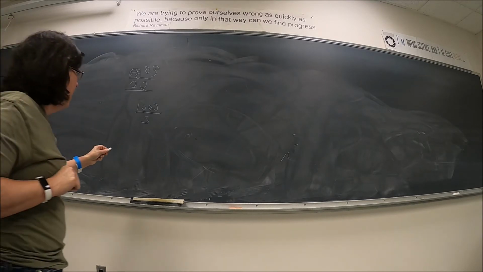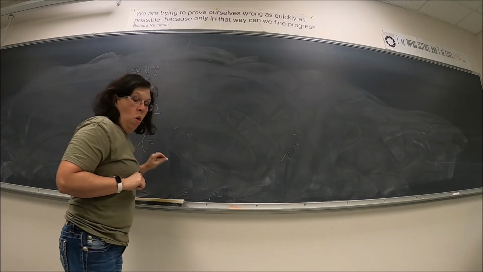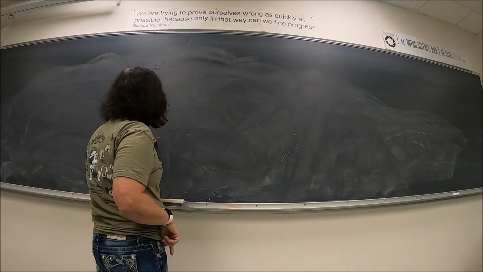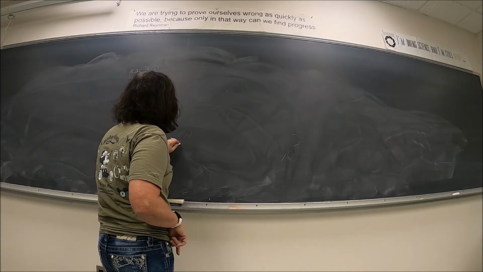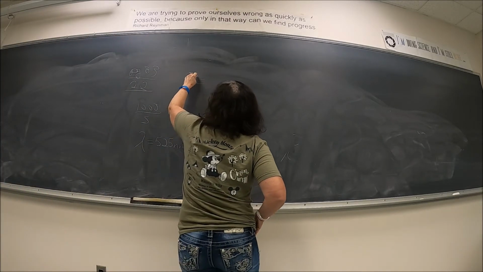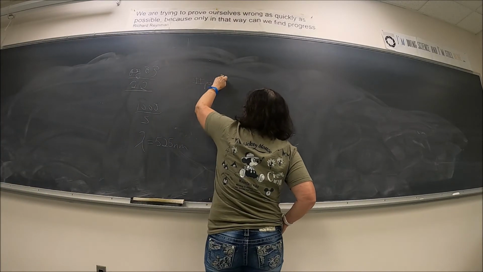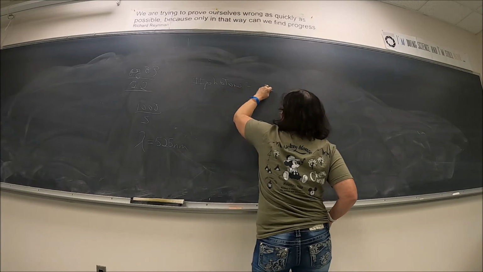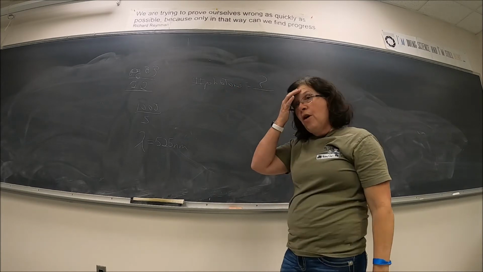If all of the light emitted has a wavelength of 525 nanometers, how many photons are emitted per second? So we're asked number of photons.